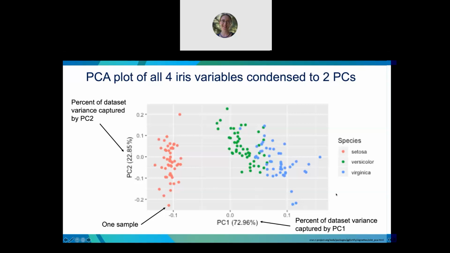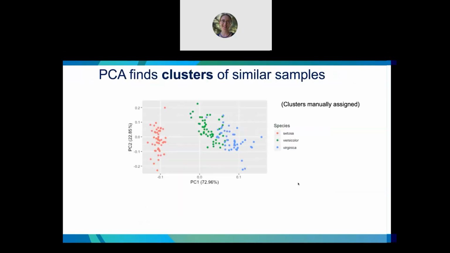So PCA plot is showing us similarities and differences between data points in our data set. And that's one reason it's very useful. Another way to say this is that PCA is really good at finding clusters of similar samples.